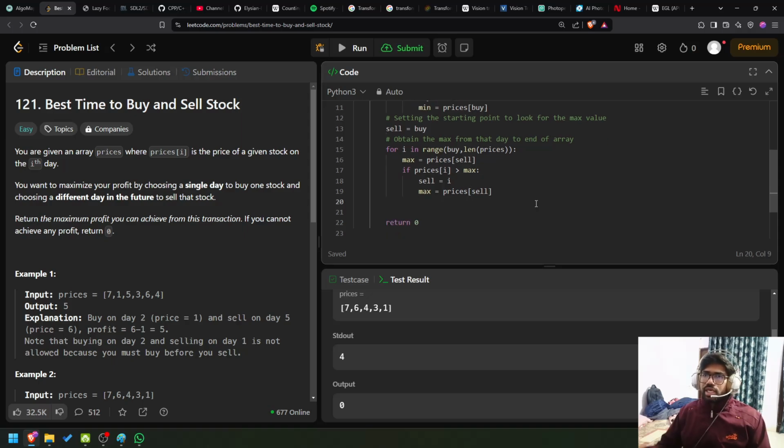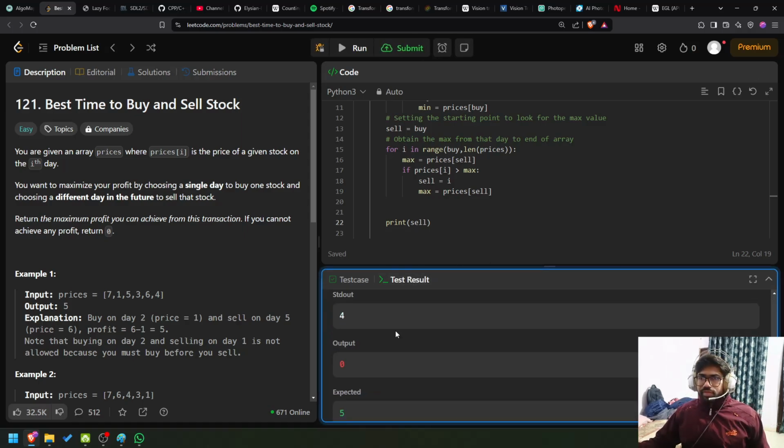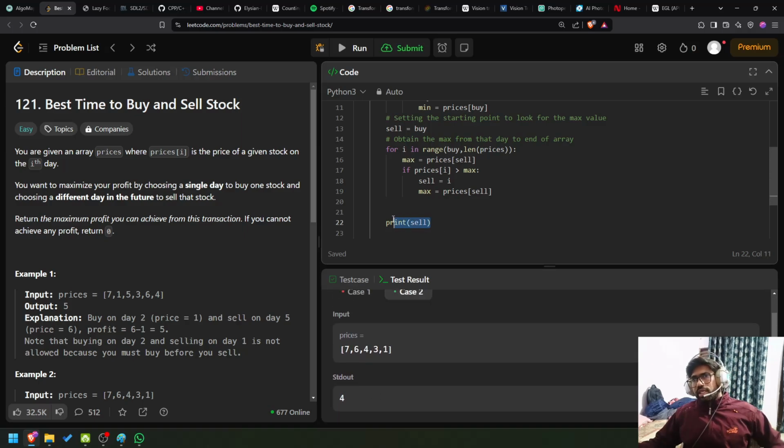Now I should have my print sell. Okay, I should see sell at 0, 1, 2, 3, 4. Nice. And okay, great.